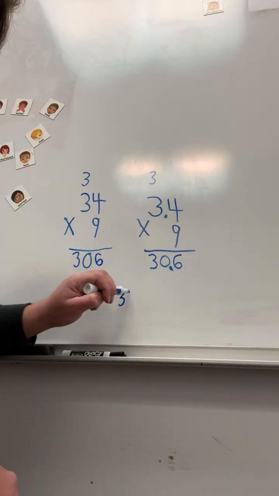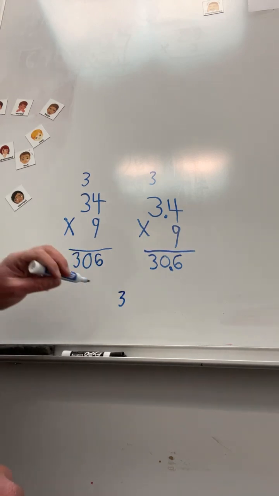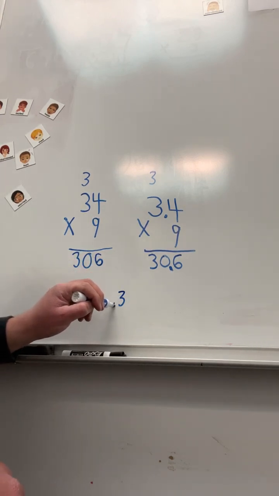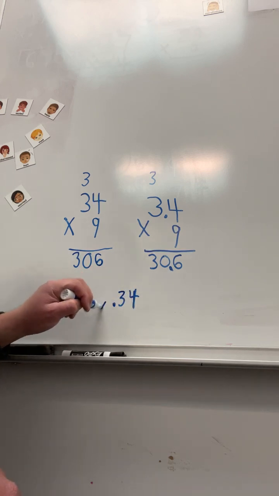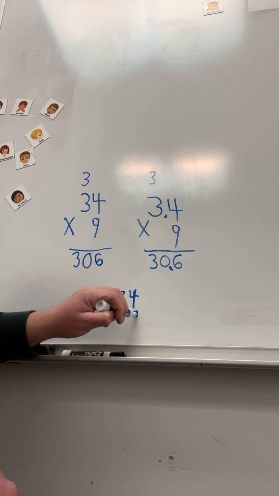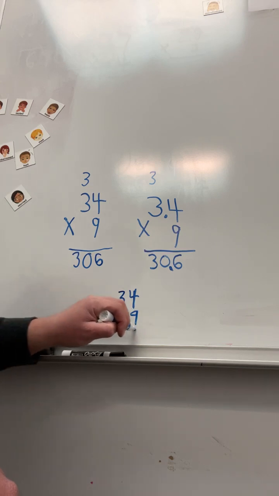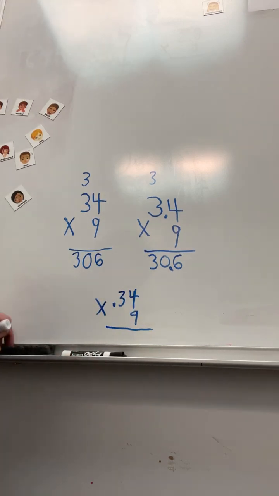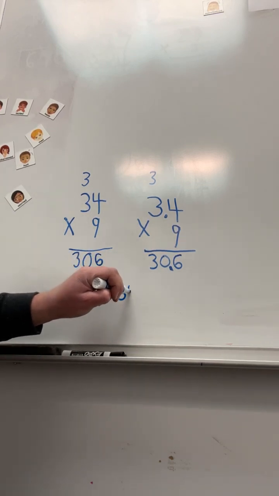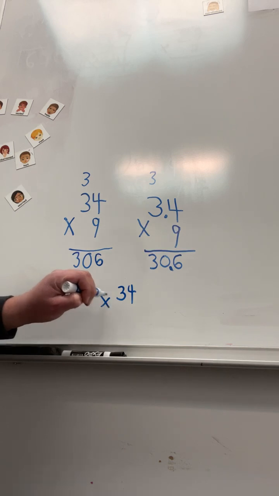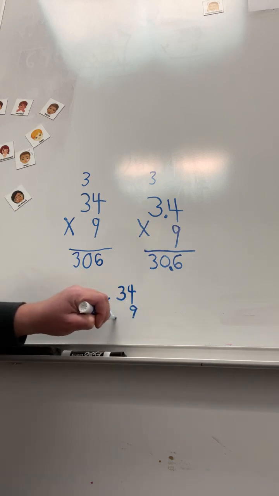I don't want us to get confused here, but now let's say I wanted to multiply 34 hundredths times 9. I don't want it to be bunched up, so I'm trying to give it enough space.